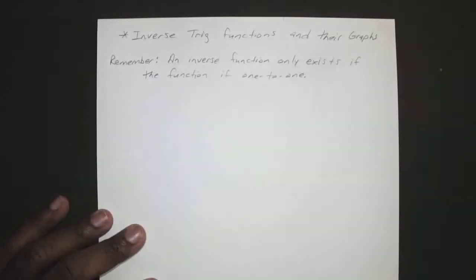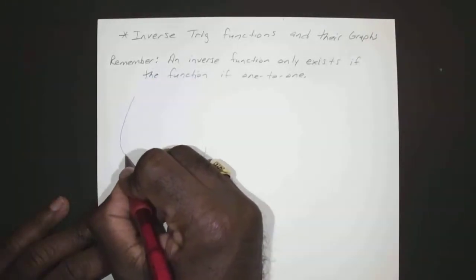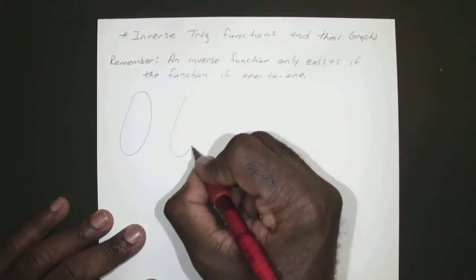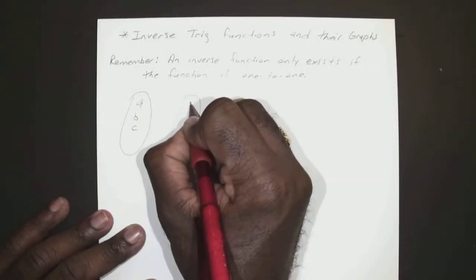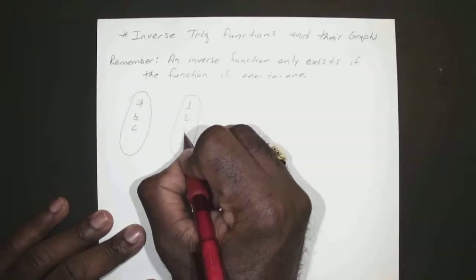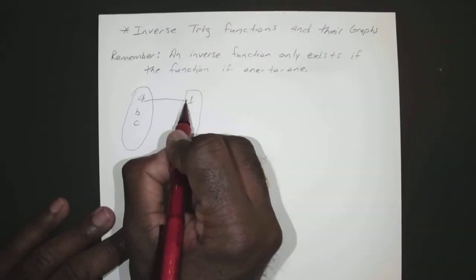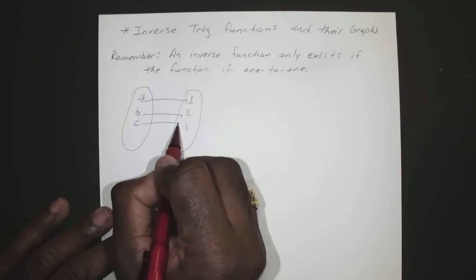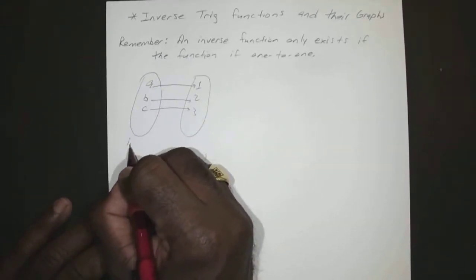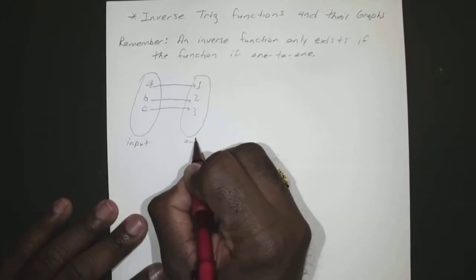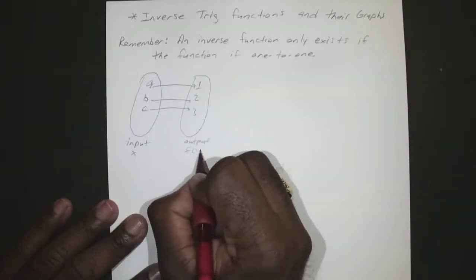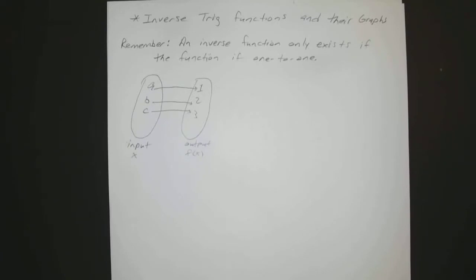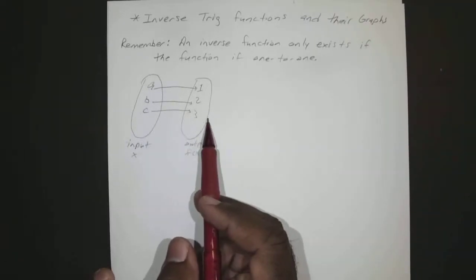So if we had, let's say, A, B, C, and 1, 2, 3. This is your input. This is your output, which is just a fancy way of saying your x and your f of x. Okay. So we know this is a function because every x has one y.